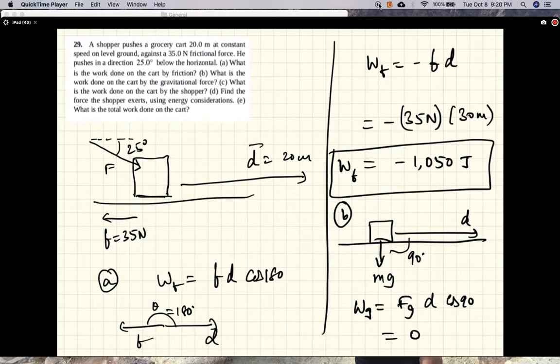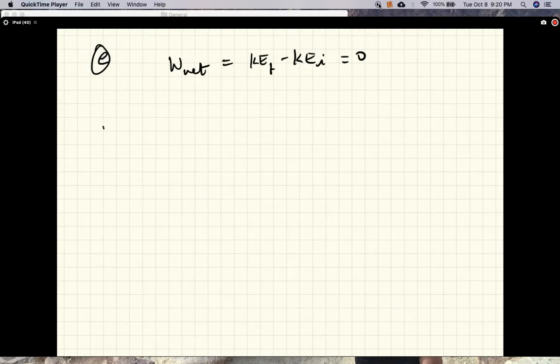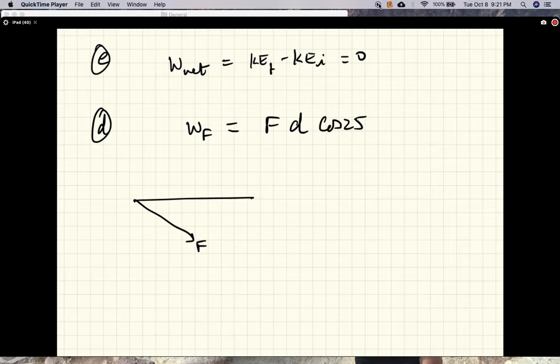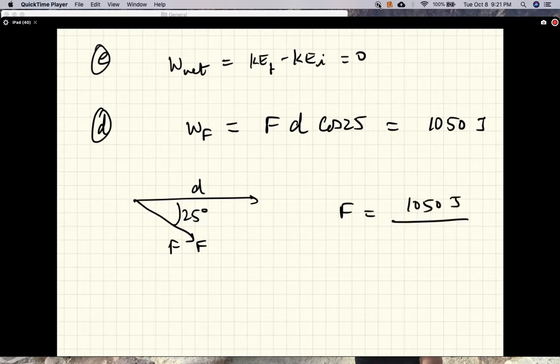Okay, let's do part D. Find the force the shopper exerts using energy considerations. We already have calculated the work done. We know the work done is F d cosine 25 because the angle between d and F is 25 degrees. And we know that this is 1050 joules. So the force is 1050 joules divided by d cosine 25.